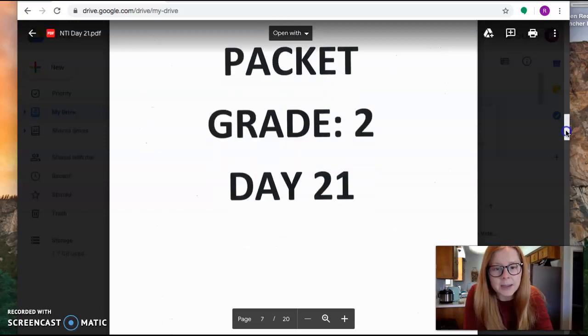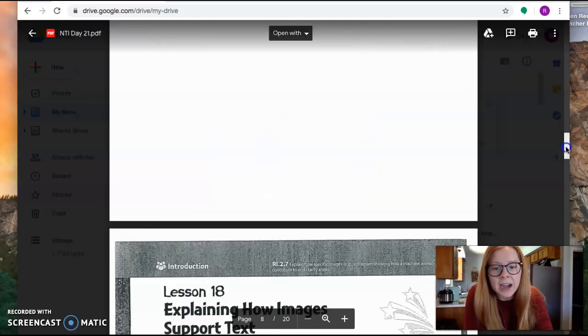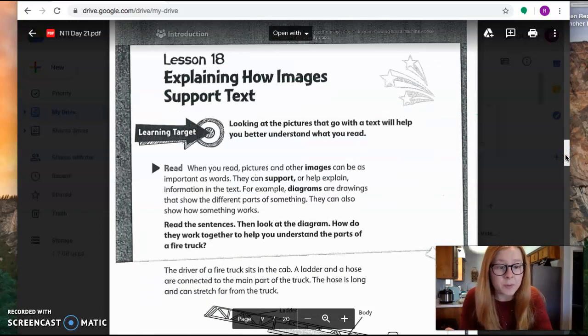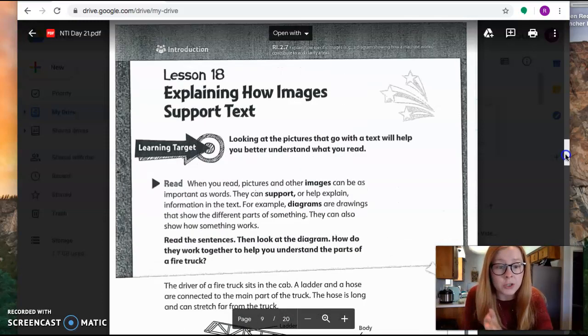And our I can statement for this week is I can use visuals and information from the passage to answer a question. So if we are talking about visuals in nonfiction stories, those are usually our text features. And some of our text features are diagrams, charts, pictures with their captions.